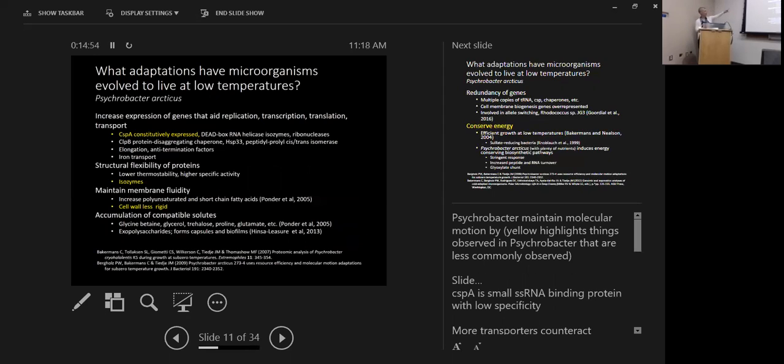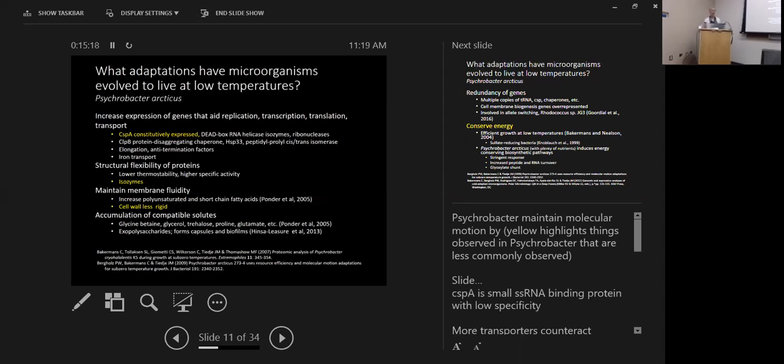The yellow highlighted things on this slide are things that we see in Psychrobacter, but we don't see as commonly in other psychrophiles. So for example, here under gene expression, this protein CspA is a cold shock protein, and it binds to single-stranded RNA to help keep that open and available for transcription and translation.